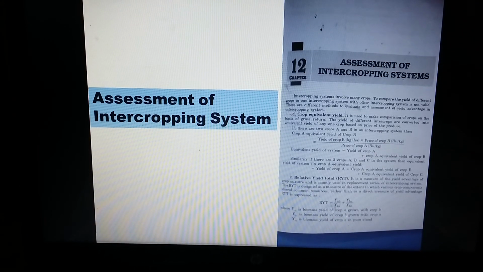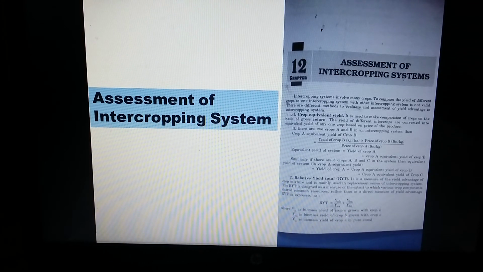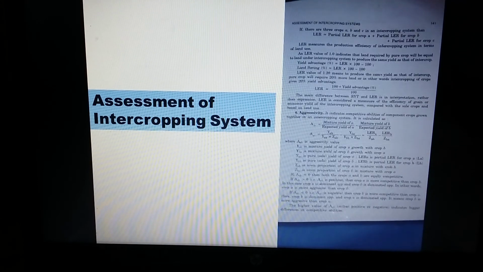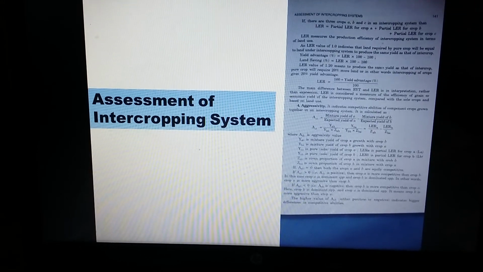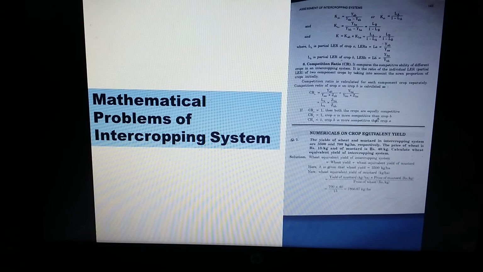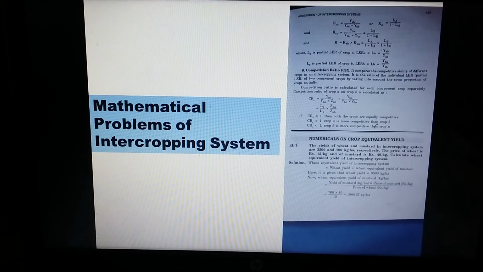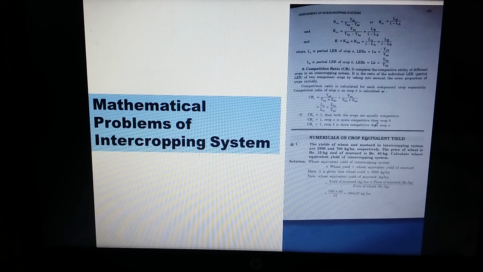Our first point was crop equivalent yield, second was relative yield total, third is land equivalent ratio, fourth one is aggressivity, fifth one is relative crowding coefficient, and last one is competition ratio. So I think these are all the assessments for the intercropping system, and there are so many.